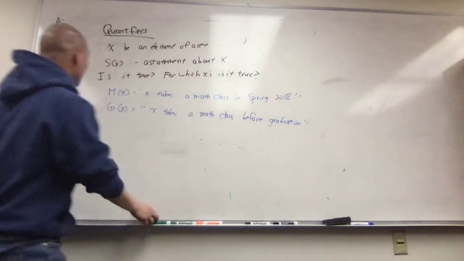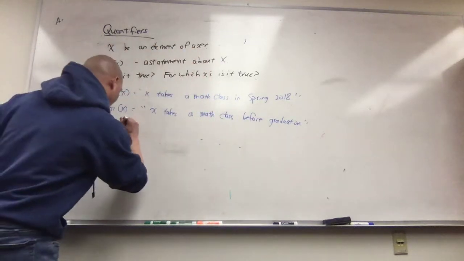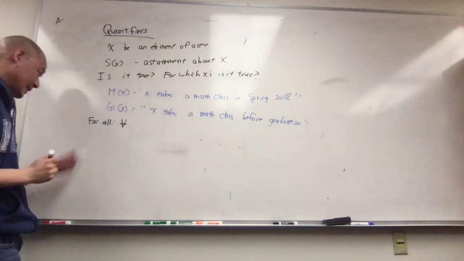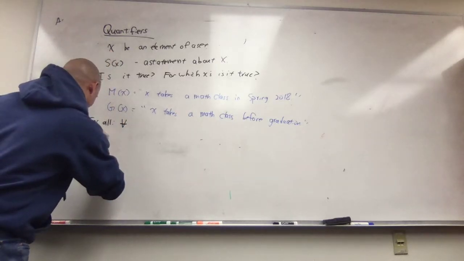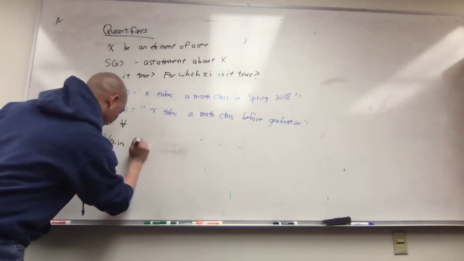So the two statements, the two quantifiers in question are the for all quantifier and the there is or there exists quantifier.